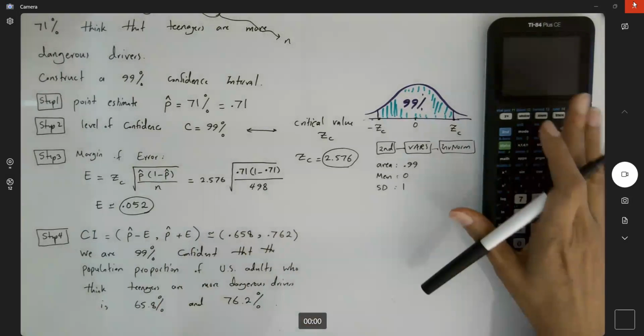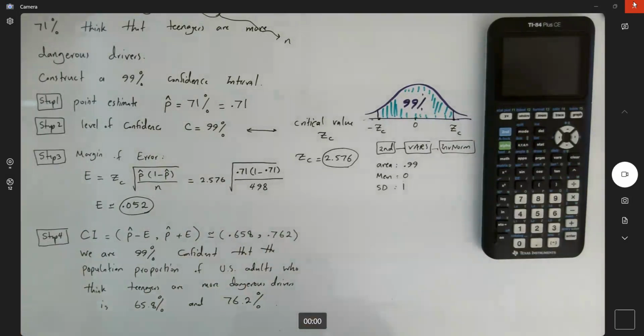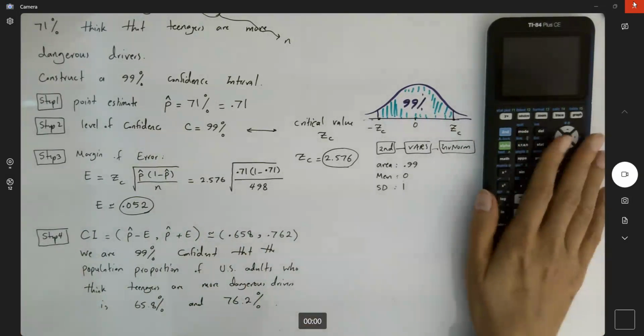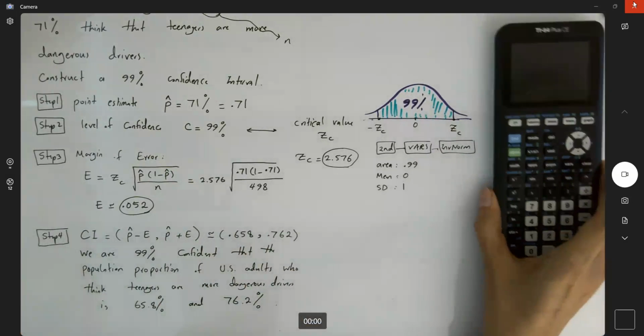How do I verify these numbers? Is there any way I can use my calculator to check? Luckily for us, we can use our calculator to check that we have a correct confidence interval.